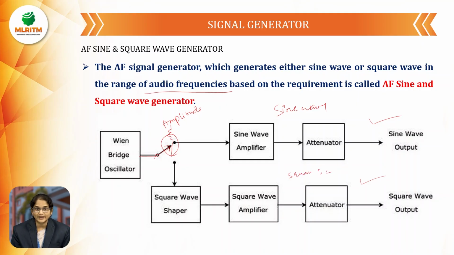When we connect the switch to the sine wave amplifier, the sine wave is given as input. After getting that output with the help of the potentiometer, we give it to the sine wave amplifier. Here the signal coming from the Wien bridge oscillator is amplified, and then given to the attenuator.